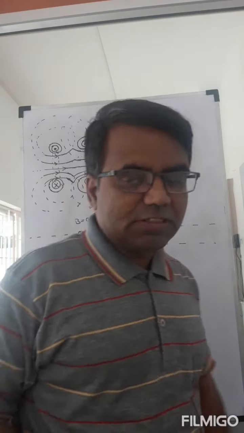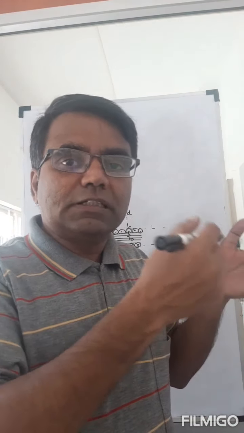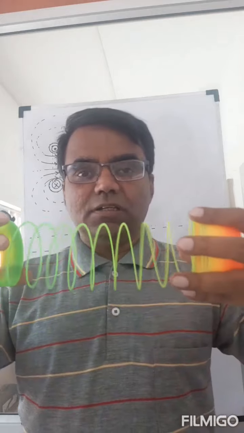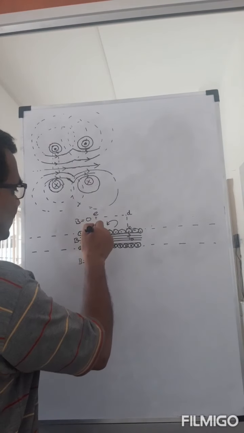Why did I choose this kind of a surface? For one thing, the current must pierce through the surface. So if I have a ring like this, then if I take a surface here or somewhere else, the current is not piercing. So I am just taking a surface through which the current goes. So you see how many piercings you have.